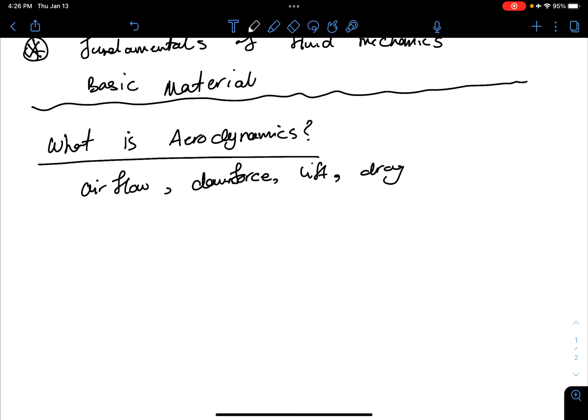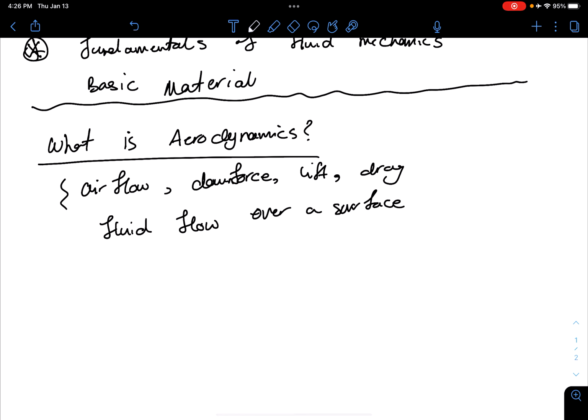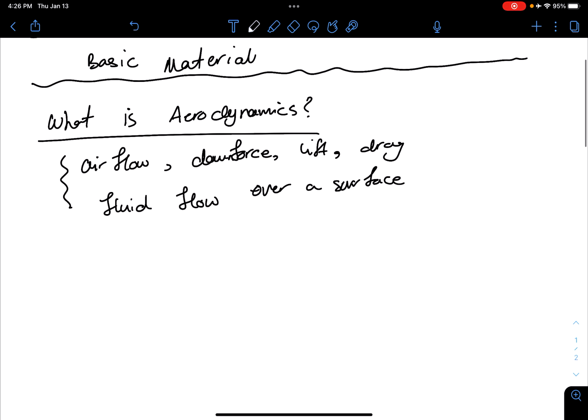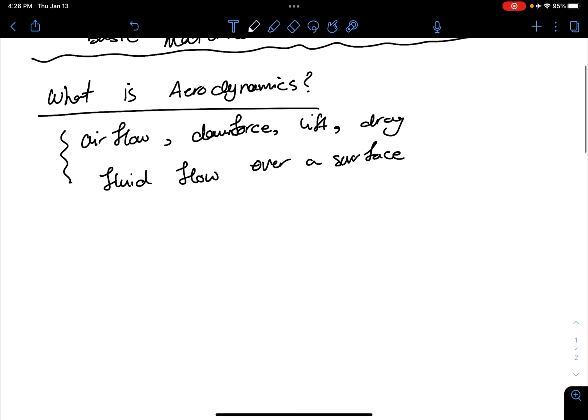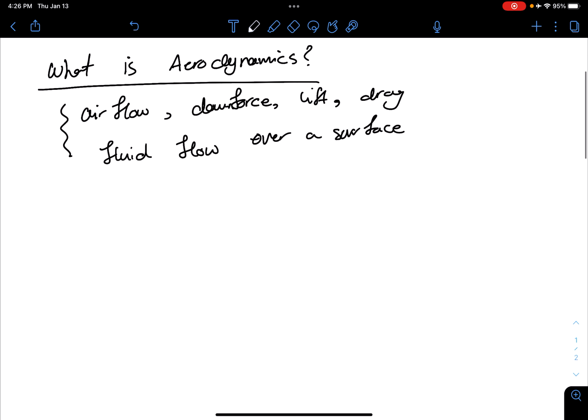How fluid flows over a surface. Anyone else? What was your name? Michael. Yeah. So essentially, as Michael and Gavin mentioned, we are mainly dealing with the flow of air.